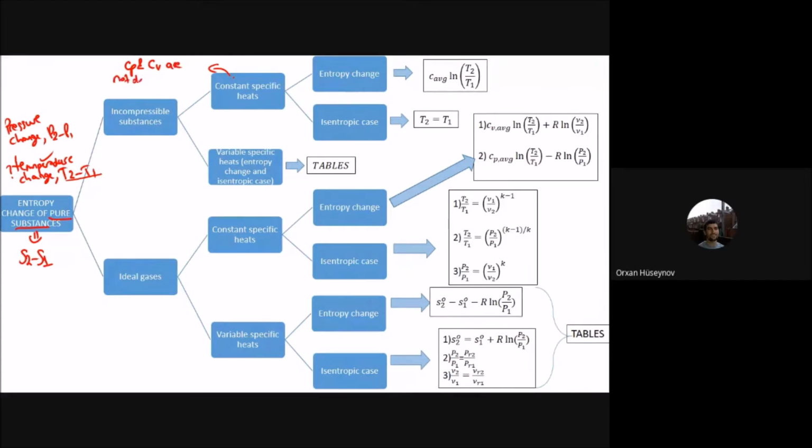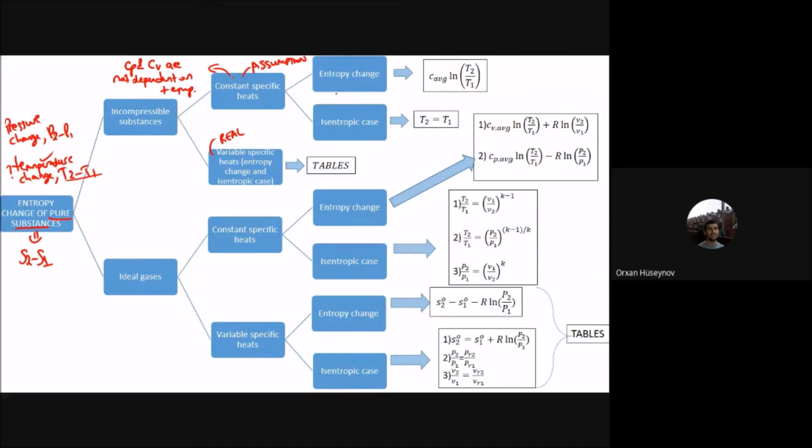This can be true or not. This is the first case. The variable case is the real one, and the constant case is the approximation or assumption.